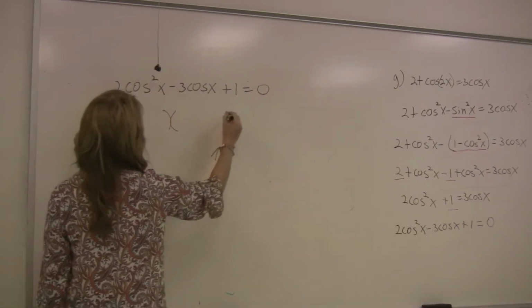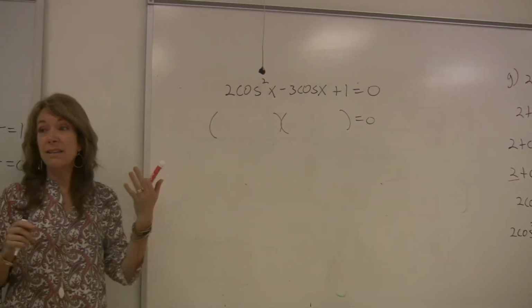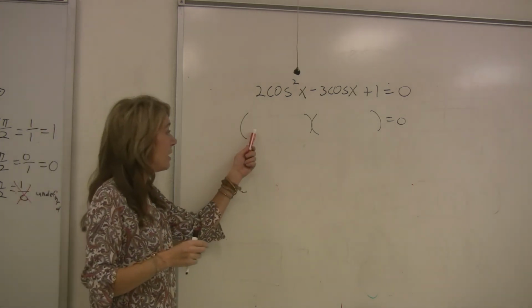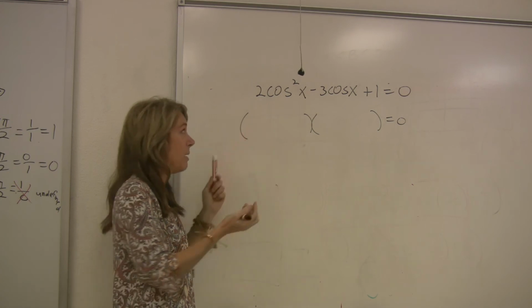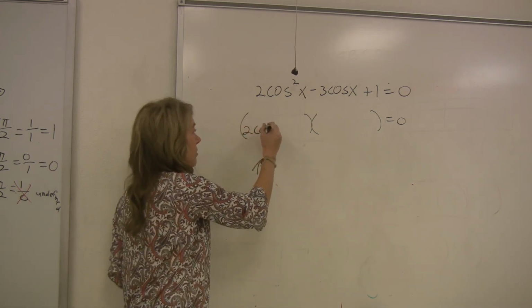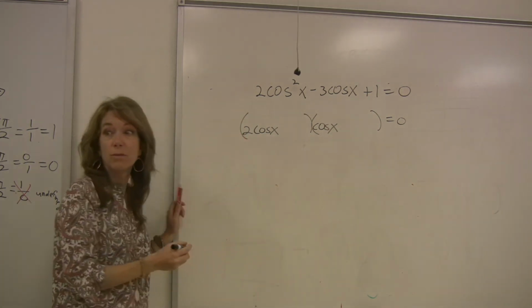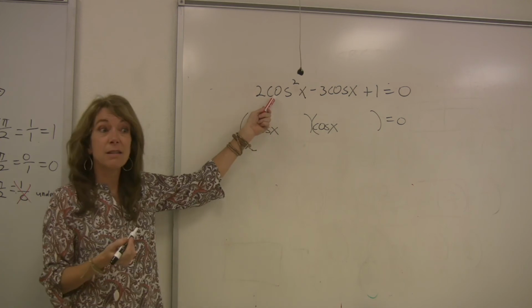So I need to factor this. The guess and check method is actually still one of my favorite methods for factoring. The two things I put here and here have to multiply out to be that. So the only options I have are a 2 cosine and a 1 cosine. Whichever one goes where doesn't matter, but 2 cosine times cosine will give me this.